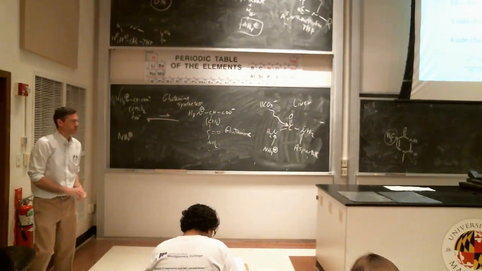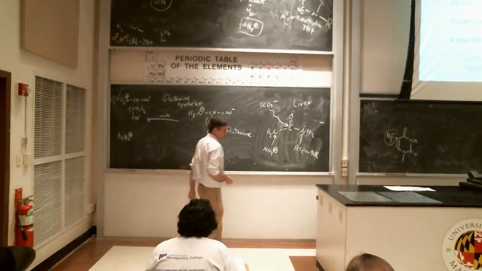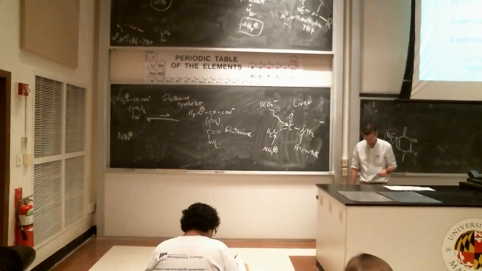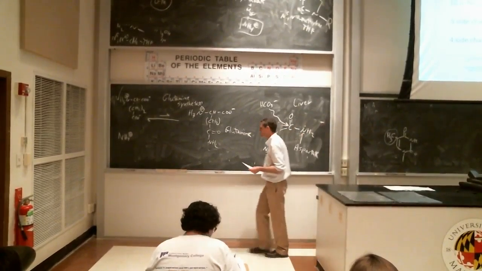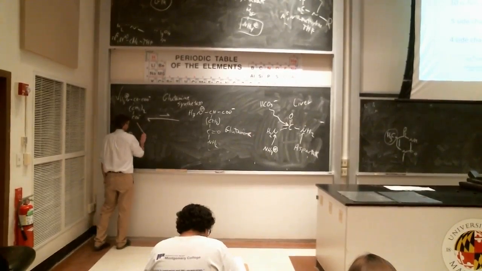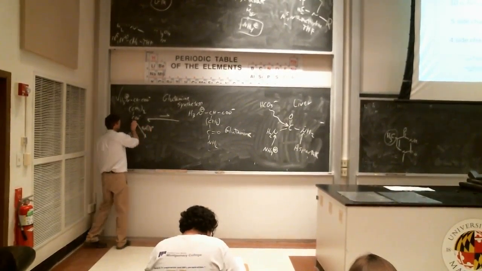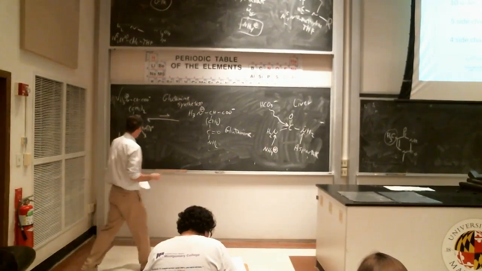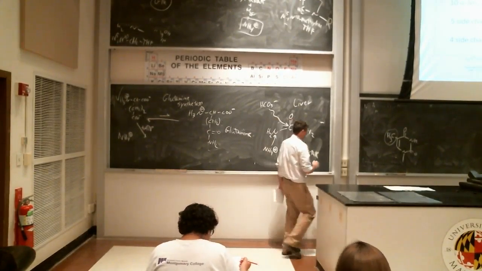I don't know what the free energy change is, it's probably in my notes. But the free energy change for this reaction, as I've written it, is very positive. So we need a source of free energy, and so the source of free energy, of course, will be ATP. So the enzyme actually first catalyzes activation of the carboxylate group using ATP in a reaction that's similar to what we've seen in other instances.